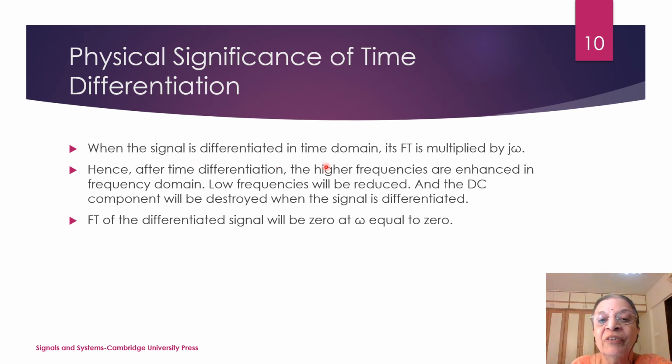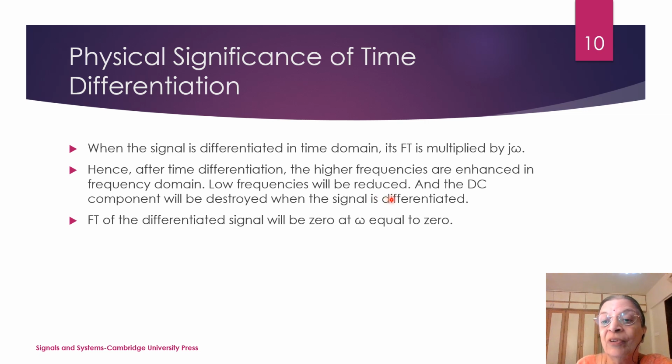When the signal is differentiated in time domain, its Fourier transform is multiplied by j omega. Hence, after time differentiation, the higher frequencies, values of higher omega, are enhanced in the frequency domain, and lower frequency components will be reduced on the other hand.